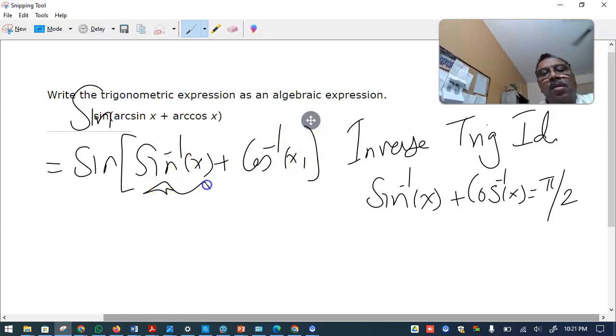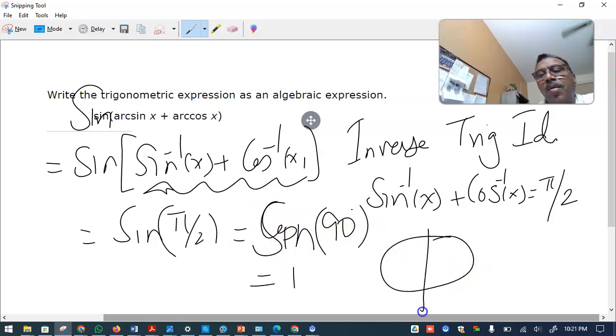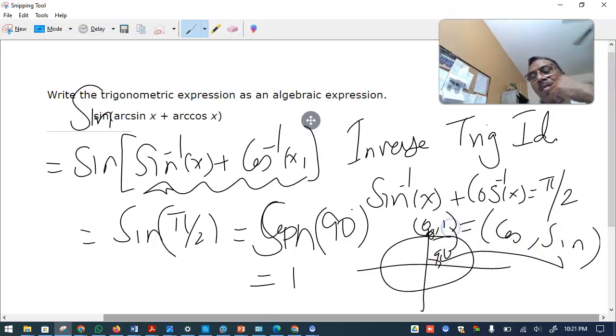You can see this whole thing is pi by 2. And sine of pi by 2, which is sine of 90 degrees, is 1. If you draw a unit circle, this is 90, at 0 and 1, which is cosine and sine. So sine 90 is 1. So this is another shortcut to do that.